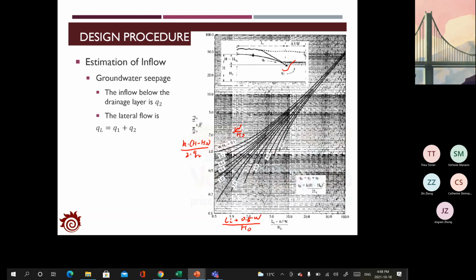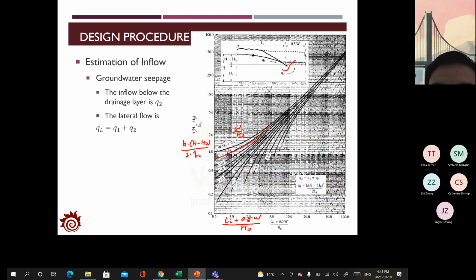You use this value to identify which line you're going to use in this graph. And then based on the value you find in the horizontal axis and the line you specified, for example, if you specify the value of W divided by H0 is 0.2, then you have to choose this line.